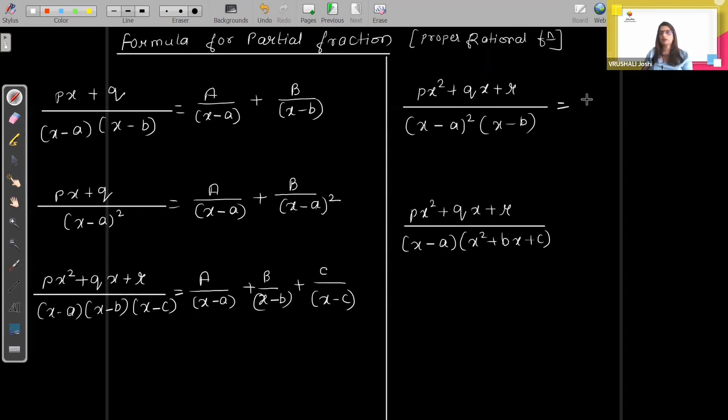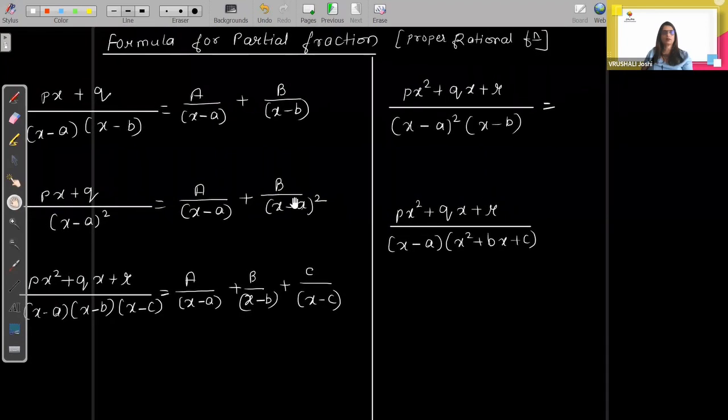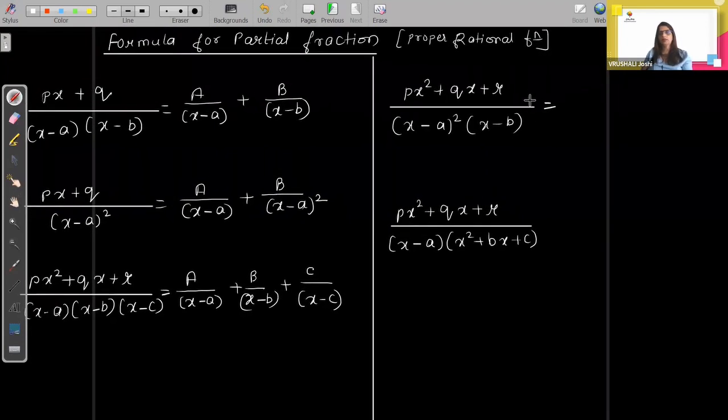Okay, here what are you going to have? This is going to be x minus, this is going to be a by x minus a plus b by x minus a the whole square plus c by x minus b, correct?